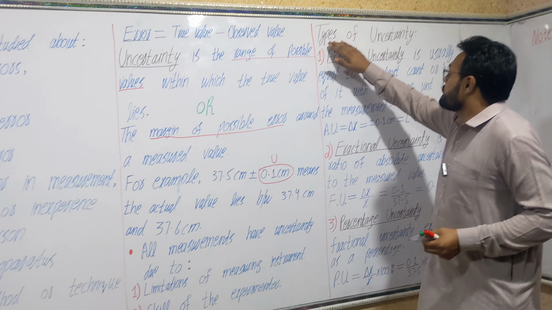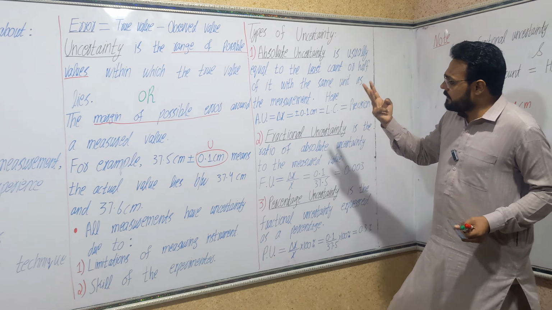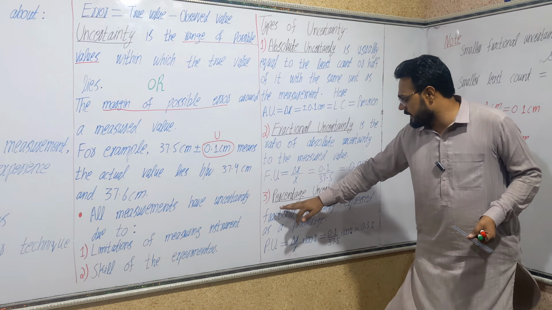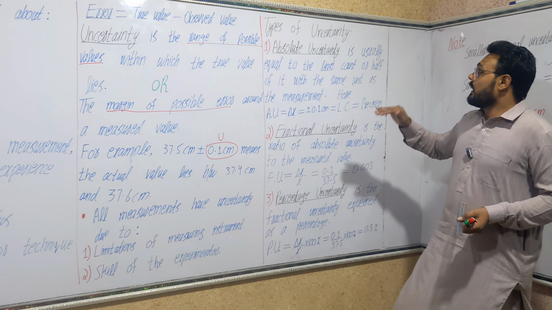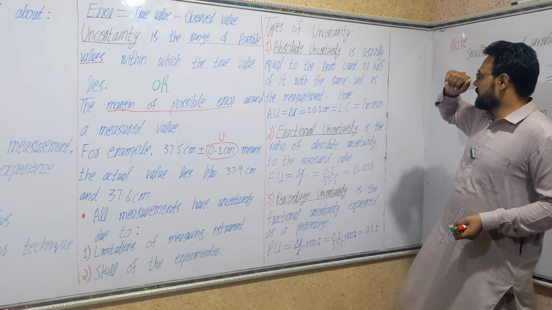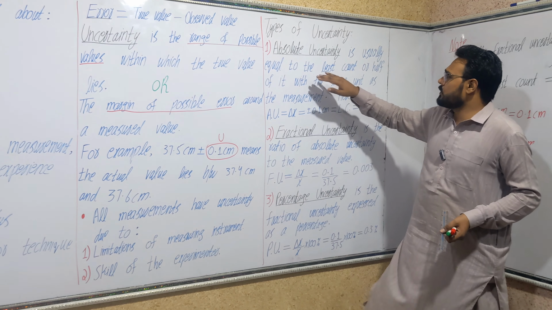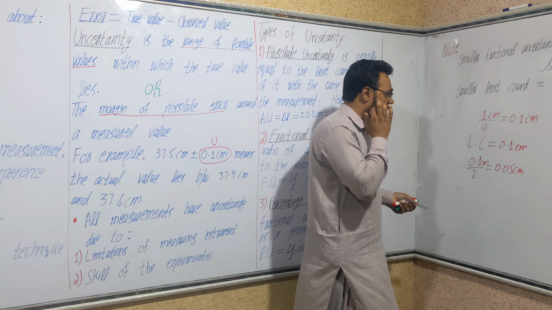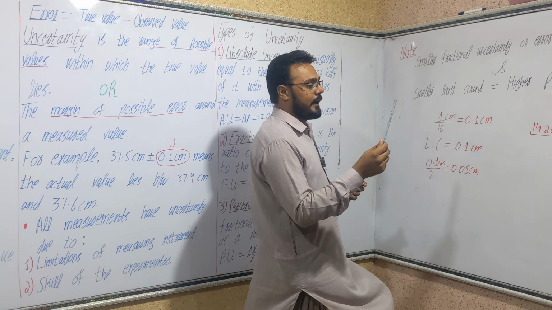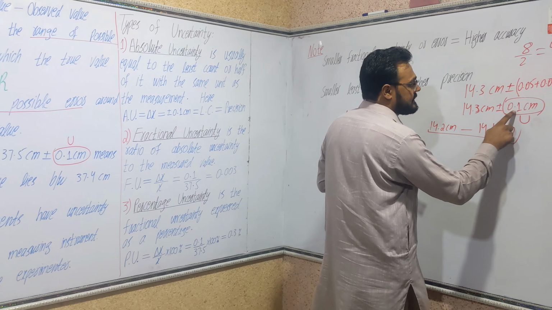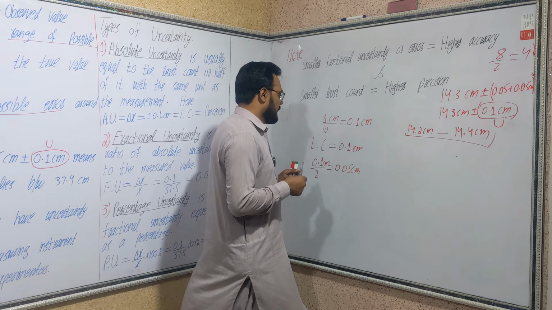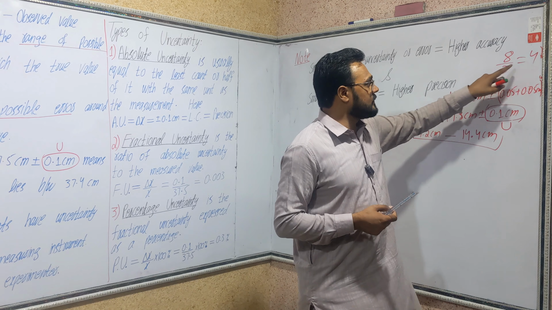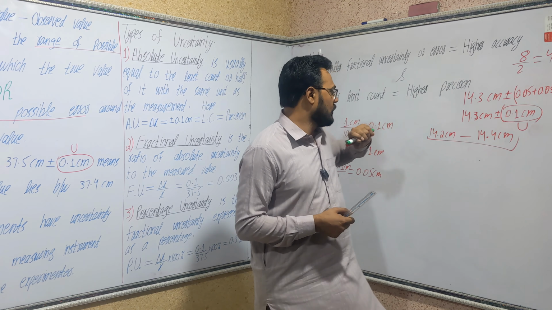Now, types of uncertainty. There are three main types: absolute uncertainty, fractional uncertainty, and percentage uncertainty. Absolute uncertainty, what does it mean? It's usually equal to the least count or half of the least count. The least count of this scale is 0.1 centimeter. The uncertainty is 0.1 centimeter, or half of it, meaning divided by 2.